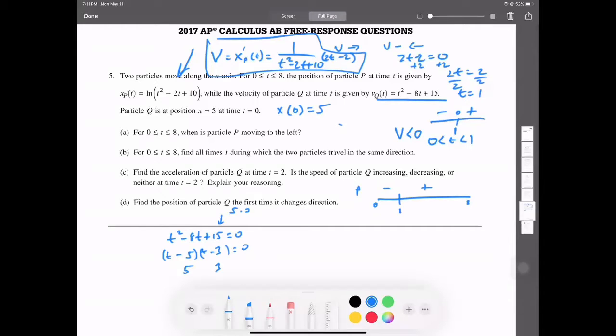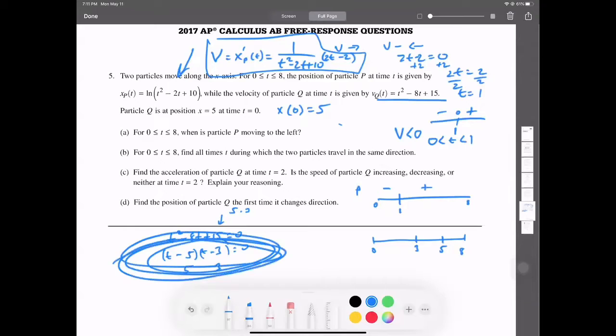So drawing my line over here, we know it's 0 and 8. Now 3 is going to be a little bit over here, and 5 is going to be over here. So we're going to see at what values this velocity would be positive or negative. We want them to go in the same direction. If I plug in a number bigger than 5, let's say 6, that would make both these factors positive, right? 6 minus 5, 6 minus 3, they would both be positive.